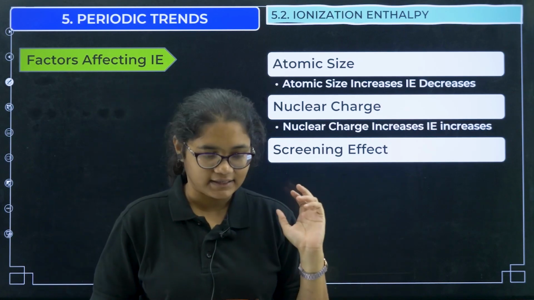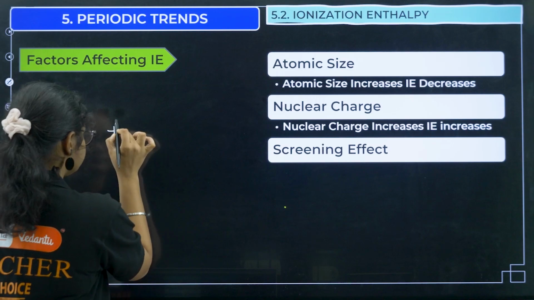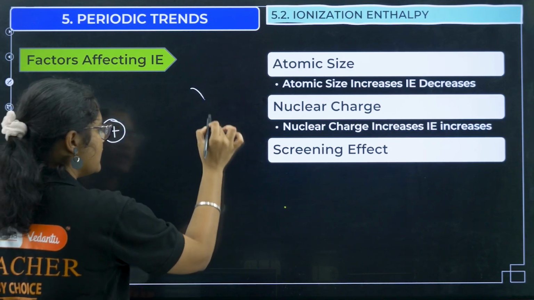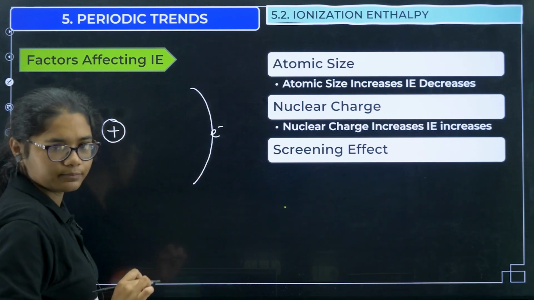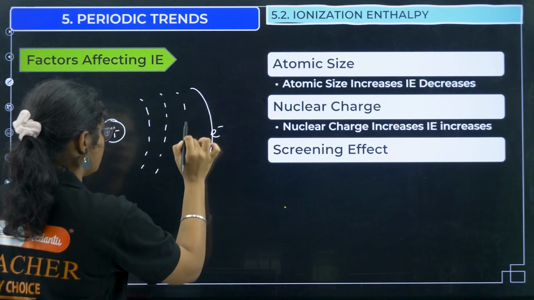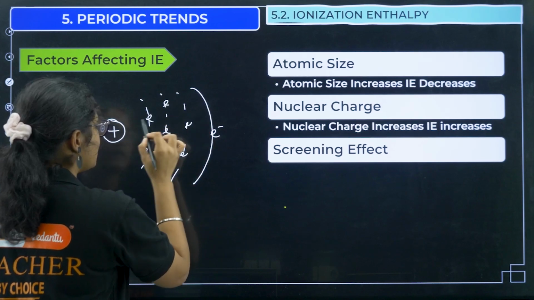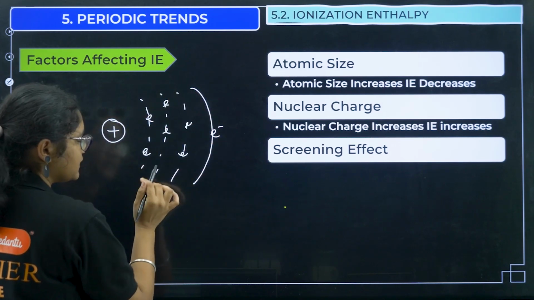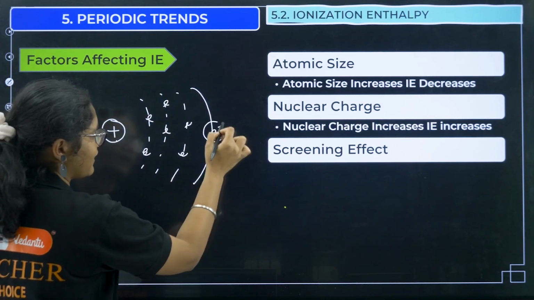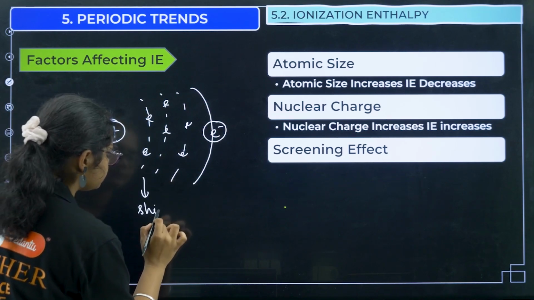Next factor, screening effect. What is the screening effect? Understand it carefully. When we have a nucleus and this valence electron, in between them there will also be electrons present. These electrons present between the nucleus and the valence electron act as a shield.